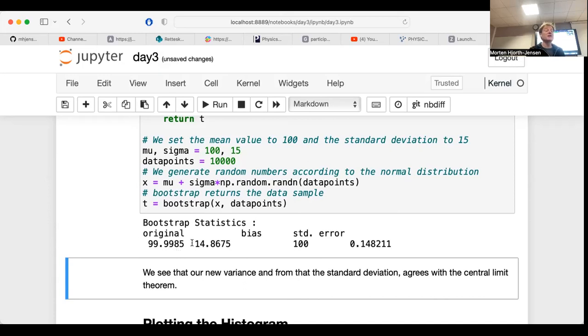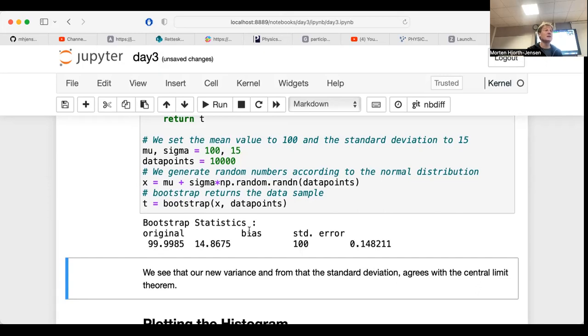So this is my original data set, and this gives me the original bias, the standard deviation, which should be 15, but it's not exactly 15, because I have a limited data set. And then I do my resampling again and again. So my standard deviation, my error, now becomes closer to 100 by accident. It won't be that next time I run it. And then you see that my standard deviation follows the central limit theorem.